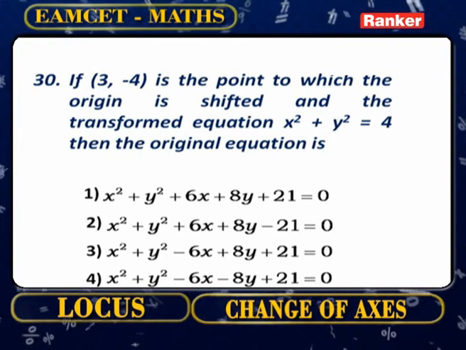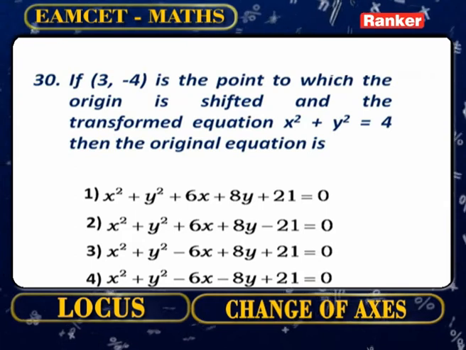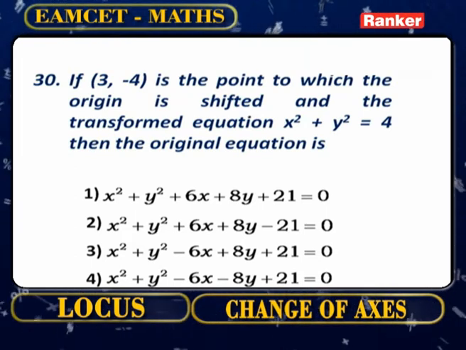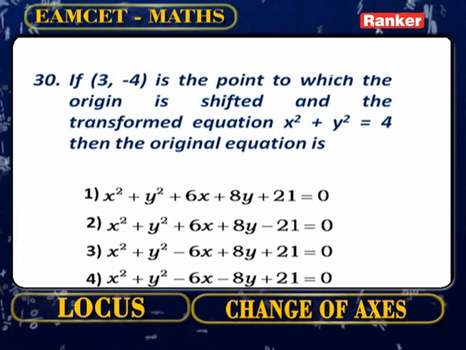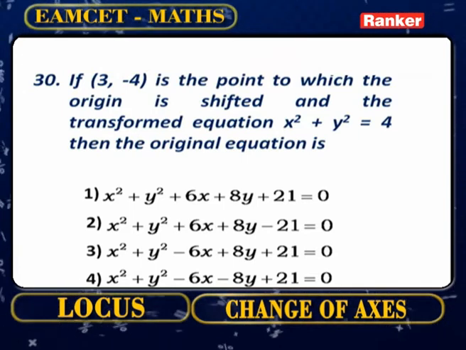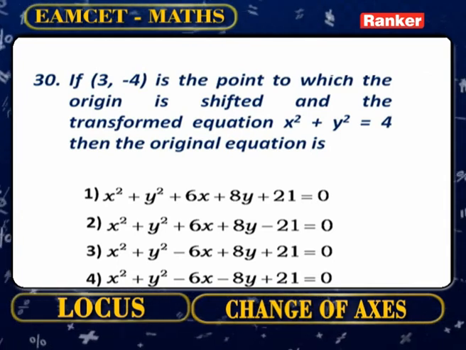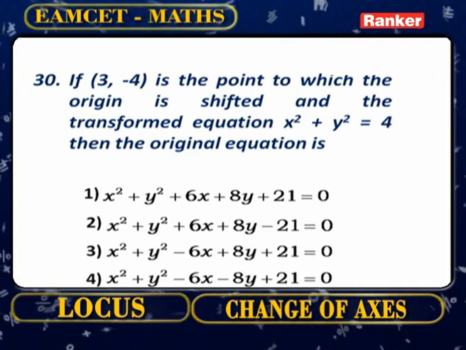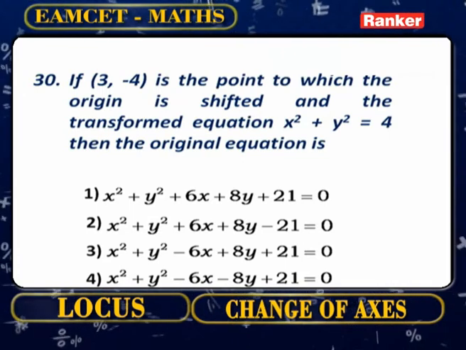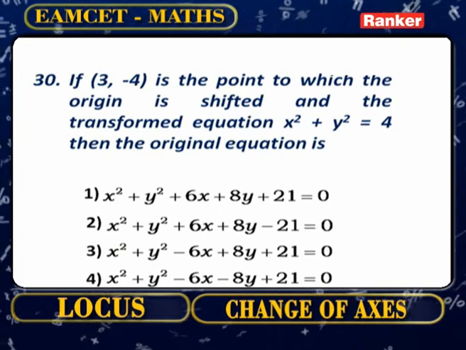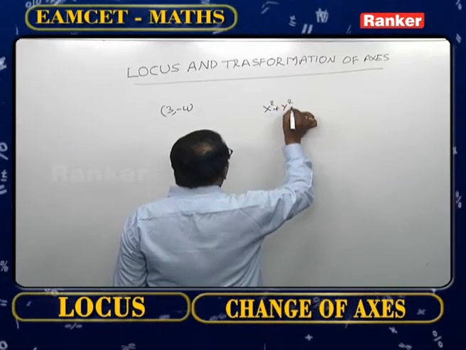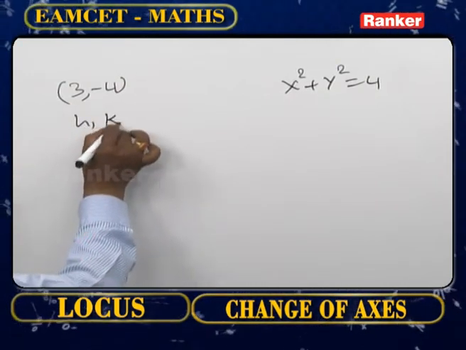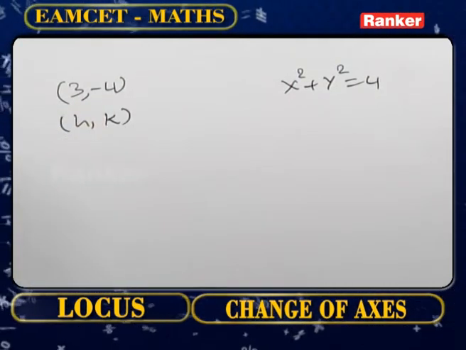If (3, minus 4) is the point to which the origin is shifted and the transformed equation is X square plus Y square equals 4, then what is the original equation? Now, the given transformed equation is X square plus Y square equals 4, and the origin is shifted to the point (h, k) equals (3, minus 4).